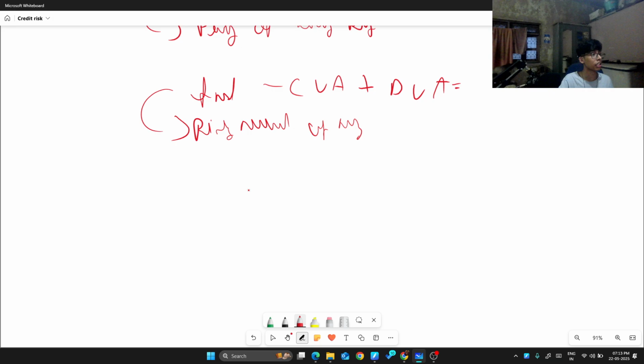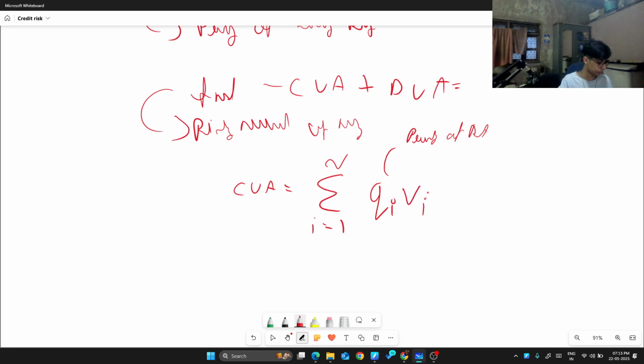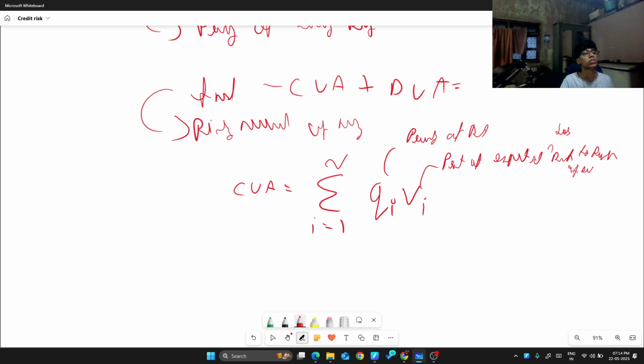CVA formula is the sum over i equal to 1 to n of Q_i times V_i, where Q_i is the probability of default, and V_i is the exposure. V_i is the present value of expected loss to the bank if default happens. And DVA is the same, with Q_i star, the probability of us defaulting, and V_i the total exposure to a counterparty if we default.